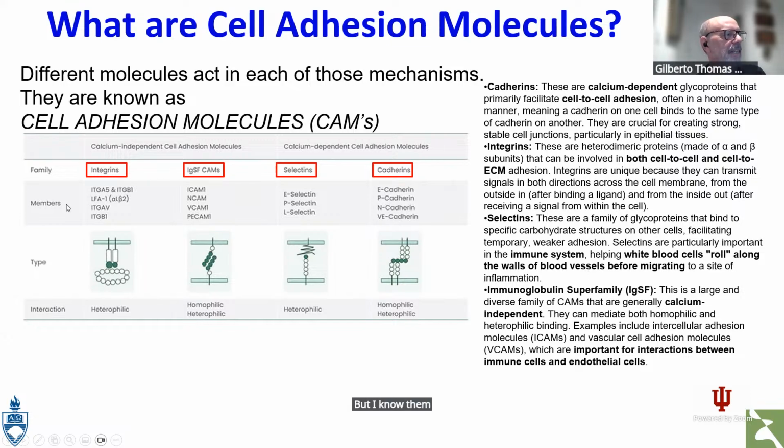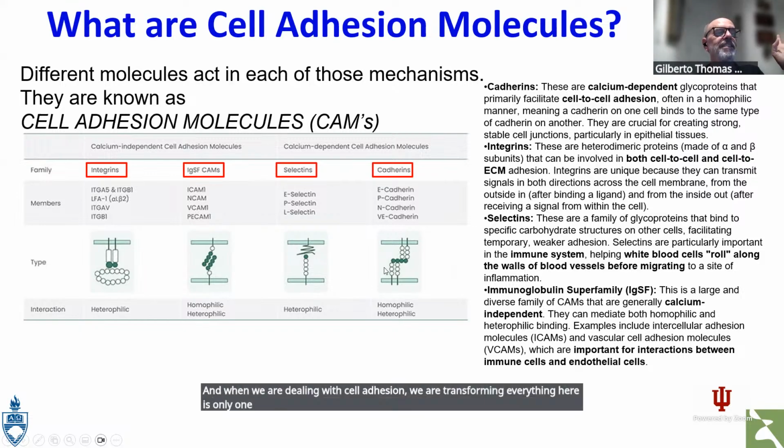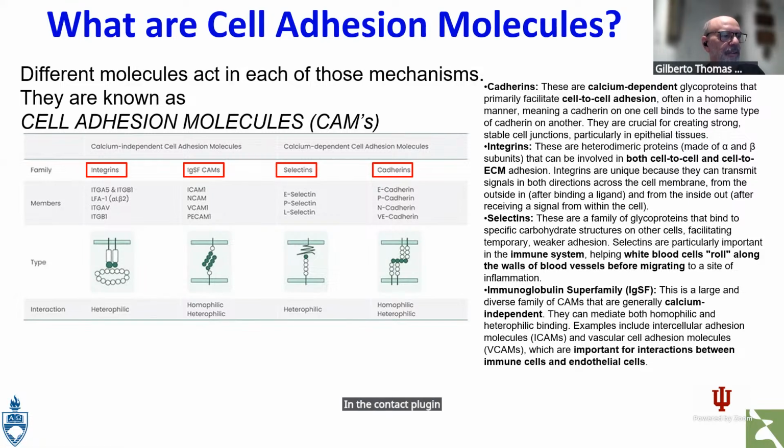So you have many families: integrins, IgSF, chems, selectins, cadherins, each one with particular, very specific roles in the organism. And when we are dealing with cell adhesion, we are transforming everything into only one thing, the J's in the contact plugin. This is a very oversimplified approximation.